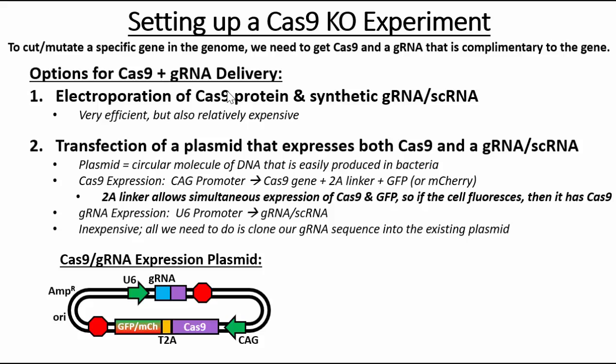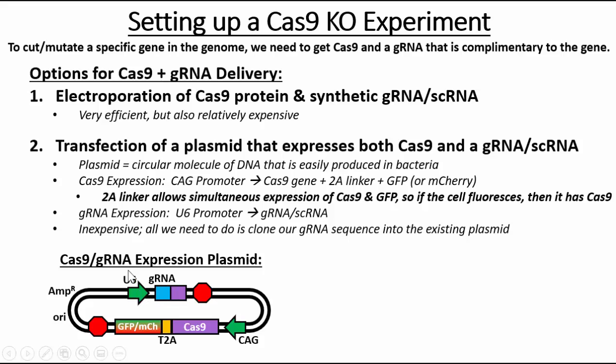Well, you can also transfect a plasmid into the cell that expresses the Cas9 protein and the guide RNA. So for example, you see down here in the bottom left, we have a Cas9 gRNA expression plasmid. It's got 2 expression cassettes. Now what I mean by that is that each cassette starts with a promoter, so this is a place where RNA polymerase is going to bind, and then it's going to start transcribing.